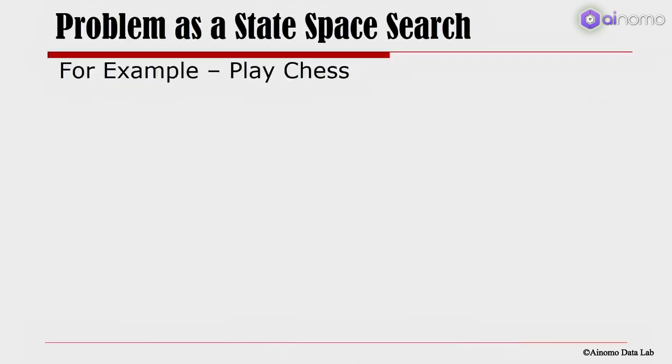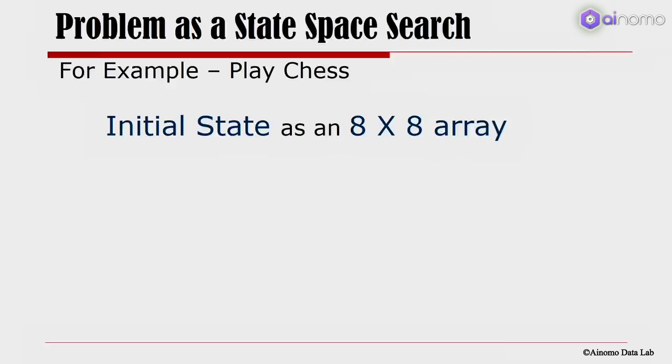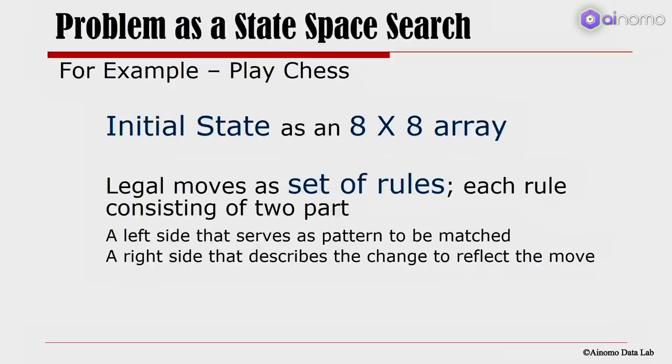We can think of another example, which is about the game of chess. The initial state for a game of chess could be thought of as an 8 cross 8 array. The legal moves are a set of rules, each rule consisting of 2 parts, a left side that serves as a pattern to be matched and a right side that describes the change to reflect the move.